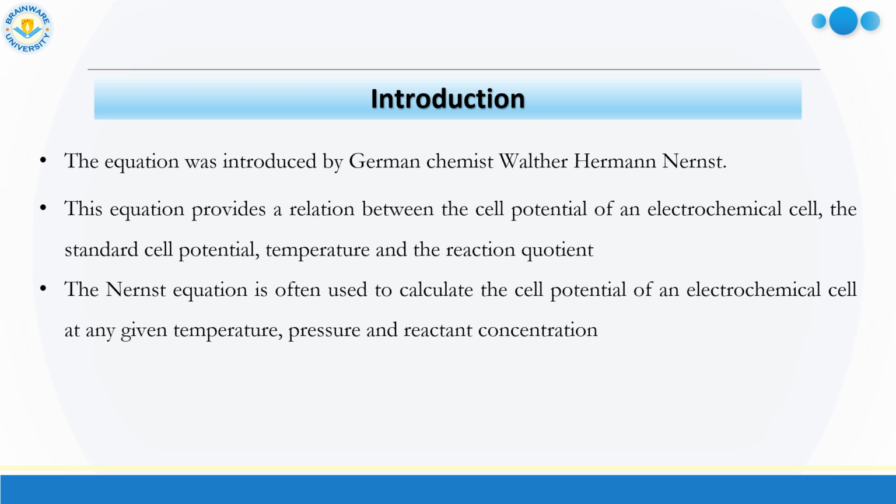This equation provides a relation between the cell potential of an electrochemical cell and the standard cell potential, temperature, and the reaction quotient, that is the concentration of the reactant and the product.